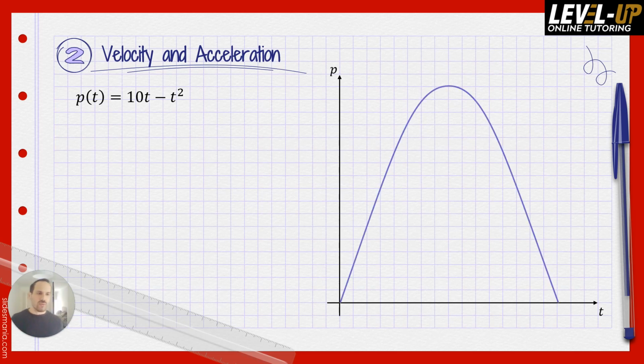And this could be the example of anything. Say, for example, a ball that is being kicked straight up in the air. If it gets kicked straight up, what's going to happen? It's going to go up and gradually slow down, and then it'll come all the way back down again. That's what this graph is modeling, except it's not just moving through space, it's moving through time as well, this x-axis.